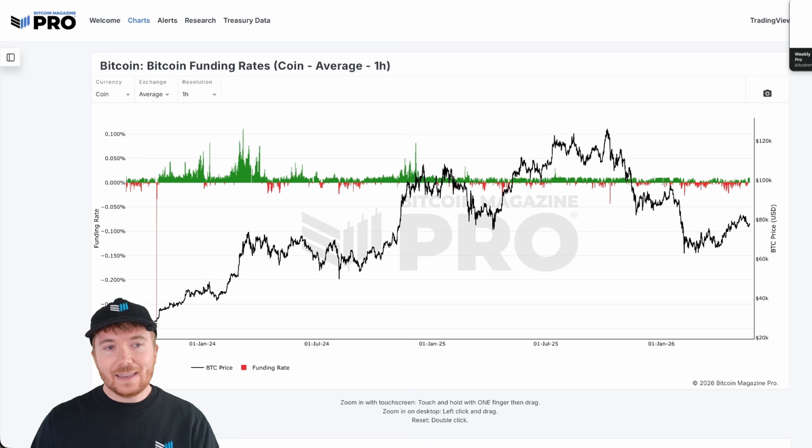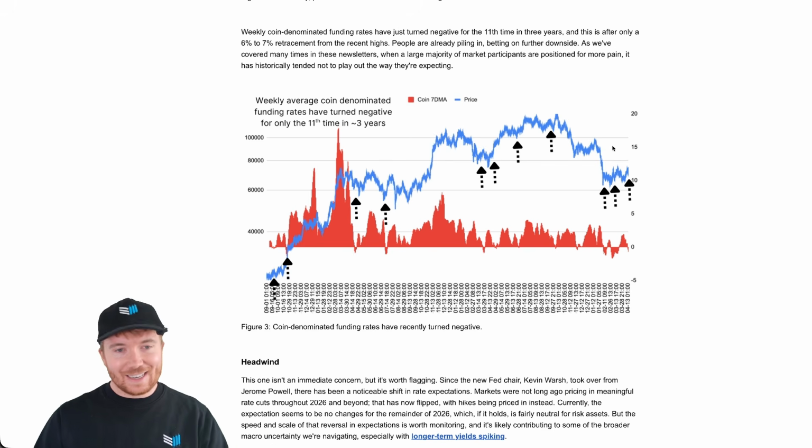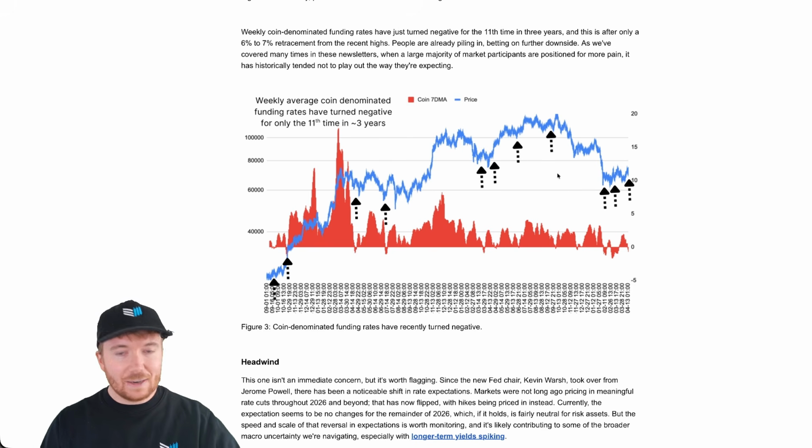If we take the 7-day average of this coin-denominated Bitcoin funding rates, now this is a snippet from the site subscriber industry reports that go out multiple times a week. This is looking at the weekly average coin-denominated funding rates, like I said. And they've actually recently turned negative for only the 11th time in the past 3 years. Now, again, what we can see is historically, these have been pretty good accumulation opportunities.